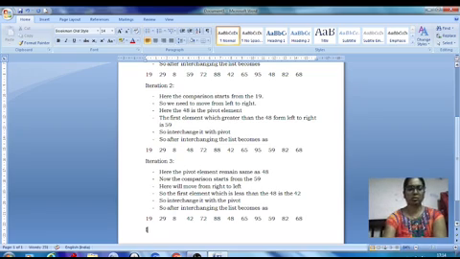Okay, so again we are going to consider iteration 4.